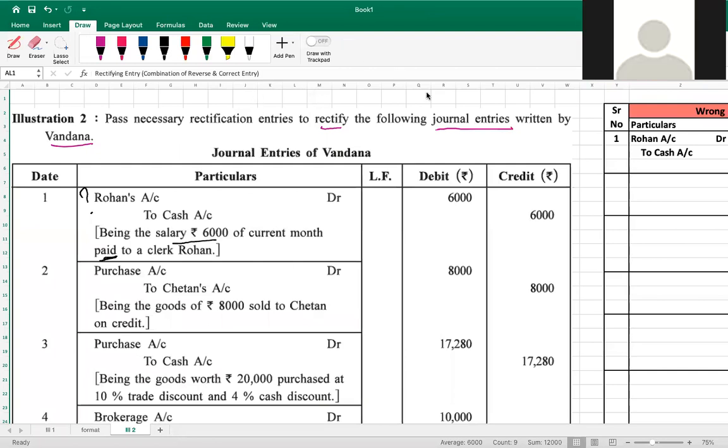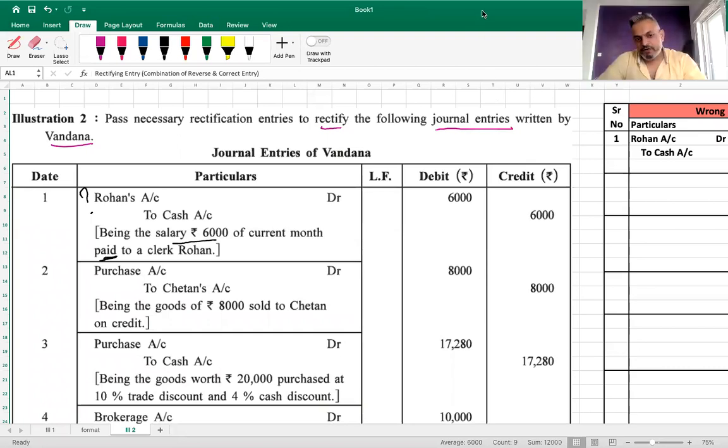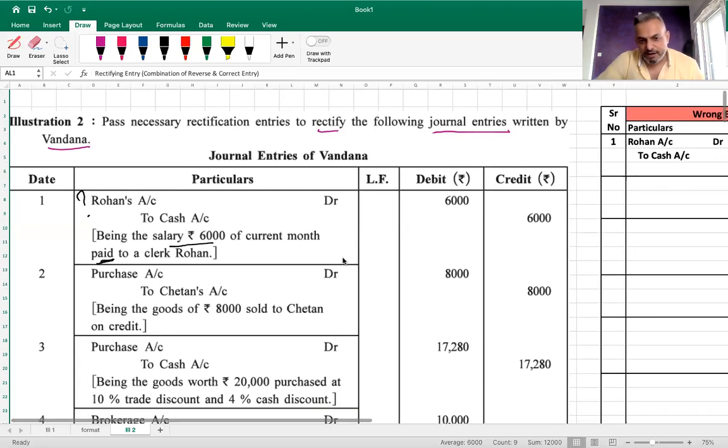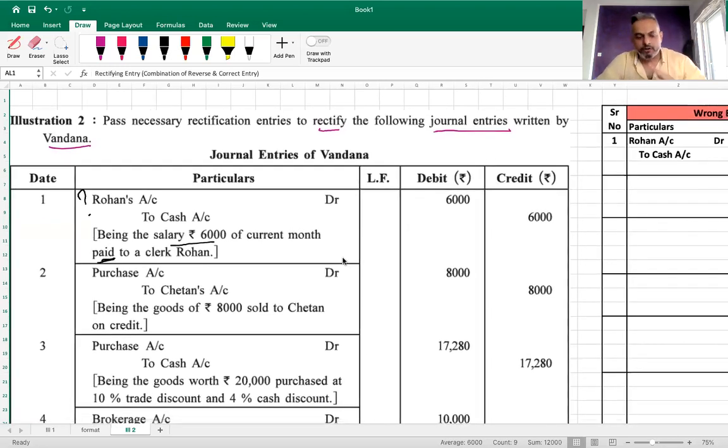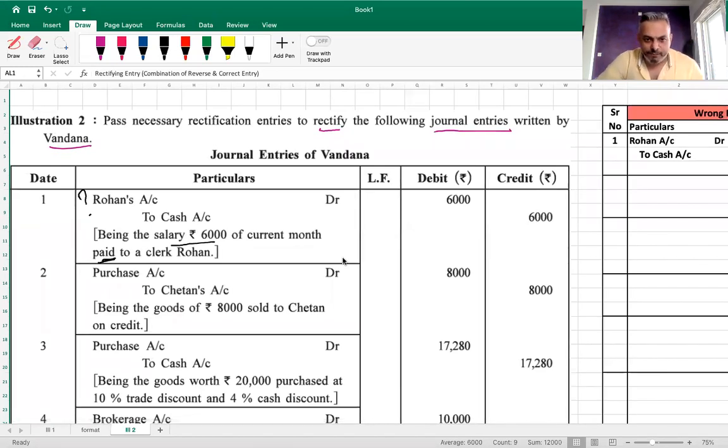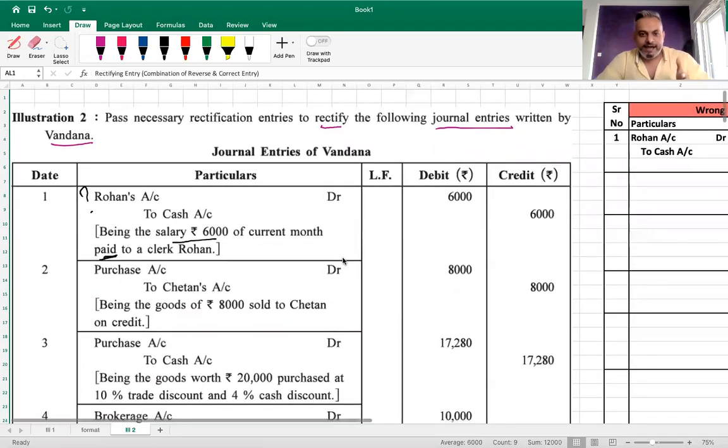Chetan account debit to Chetan to sales. चेतन अकाउंट डेबिट टू सेल्स, तो सेल्स को रिकॉर्ड किया एज परचेज. बहुत ही गलत कर दिया हमने, पूरा प्रॉफिटेबिलिटी हिल जाएगा इस बिजनेस का. बिकॉज इनकम को रिकॉर्ड कर रहा है एज एक्सपेंस, सेल्स को ट्रीट किया एज परचेज. इट इज अ वेरी बिग एरर.